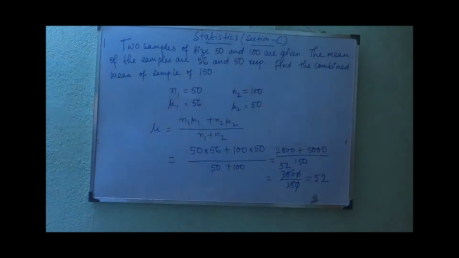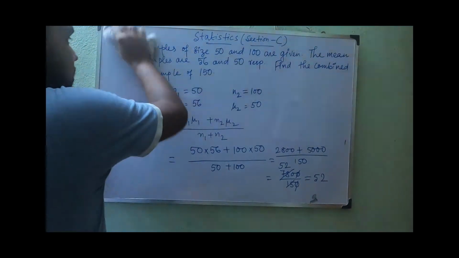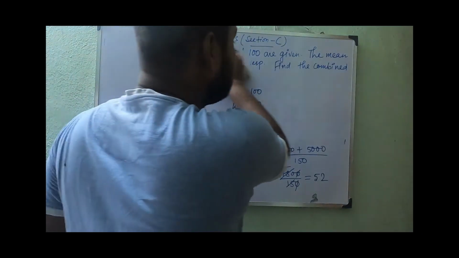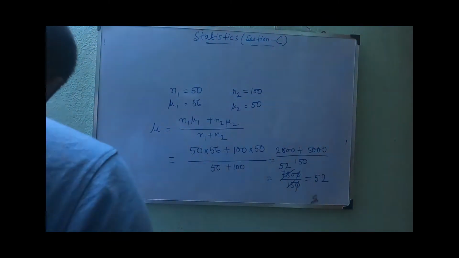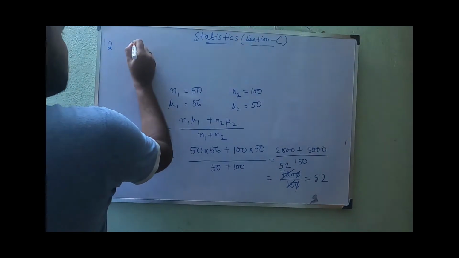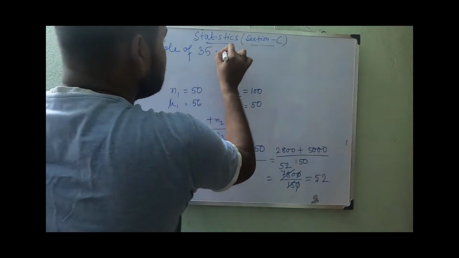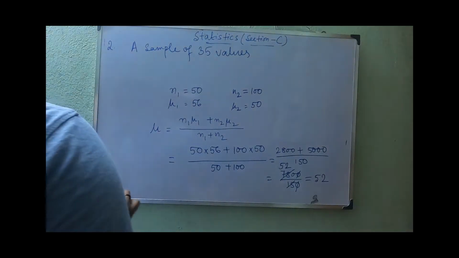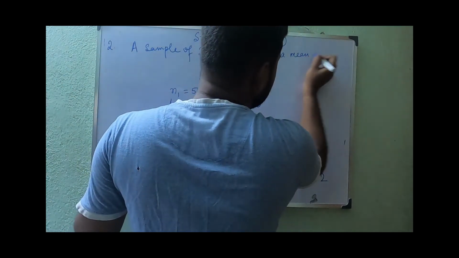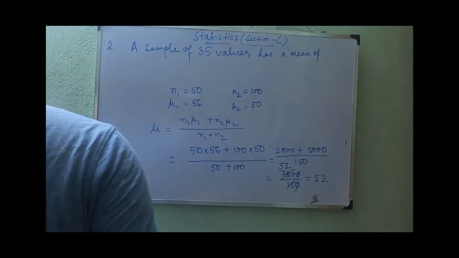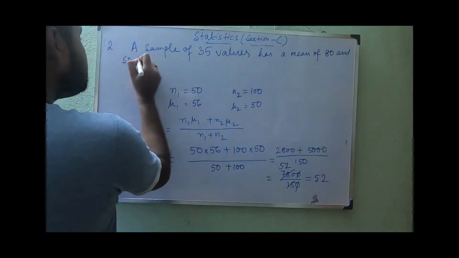Let us take the second problem. The second problem is: a sample of 35 values has a mean of 80 and SD 4.